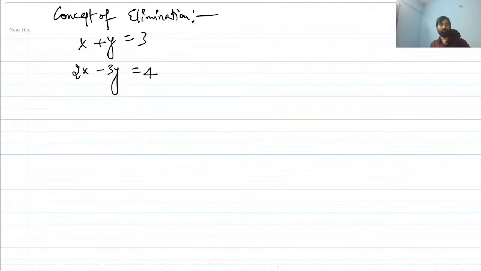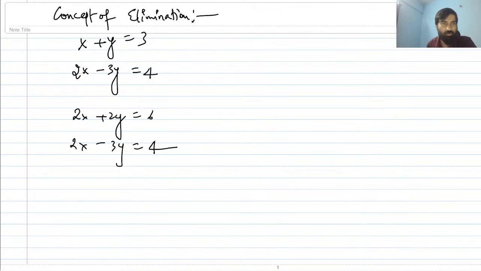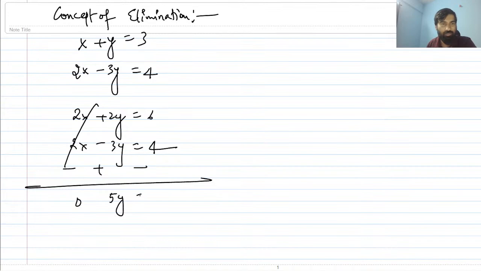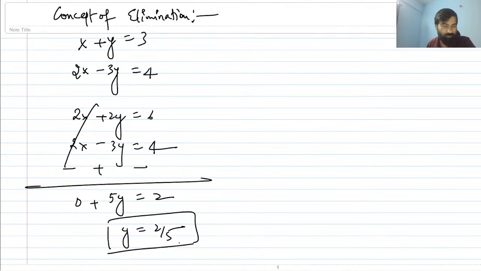Suppose you want to make this one 0. So 2x plus 2y equal to 6, and this is 2x minus 3y equal to 4, and you are subtracting. So this becomes 0, and this is basically 5y equal to 2, and then y equal to 2 by 5. So you got y equal to 2 by 5.